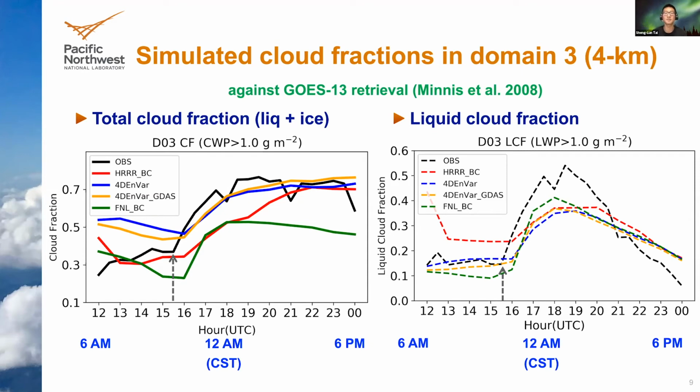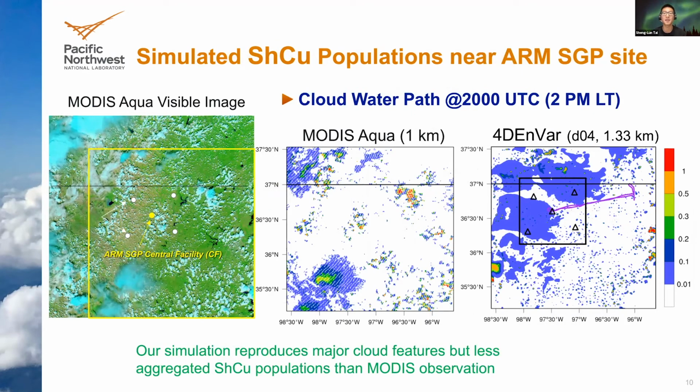Okay, then we further zoom in and focus on the simulated shallow cumulus populations near the ARM SGP site. On the left is the MODIS Aqua visible image taken at 2 p.m. local time. In the middle, the corresponding cloud water path retrieval is adopted to compare with what is simulated in the 4D-EnVar experiment on the right.